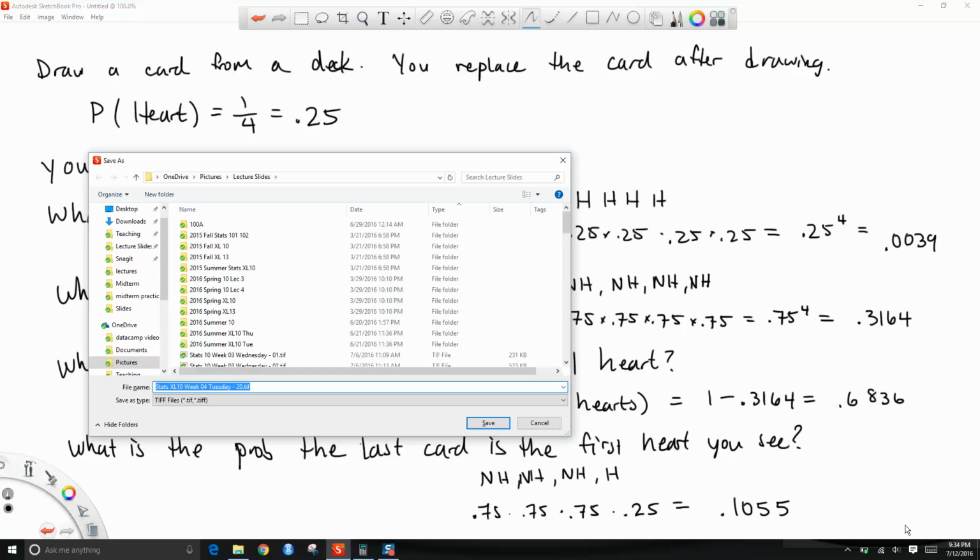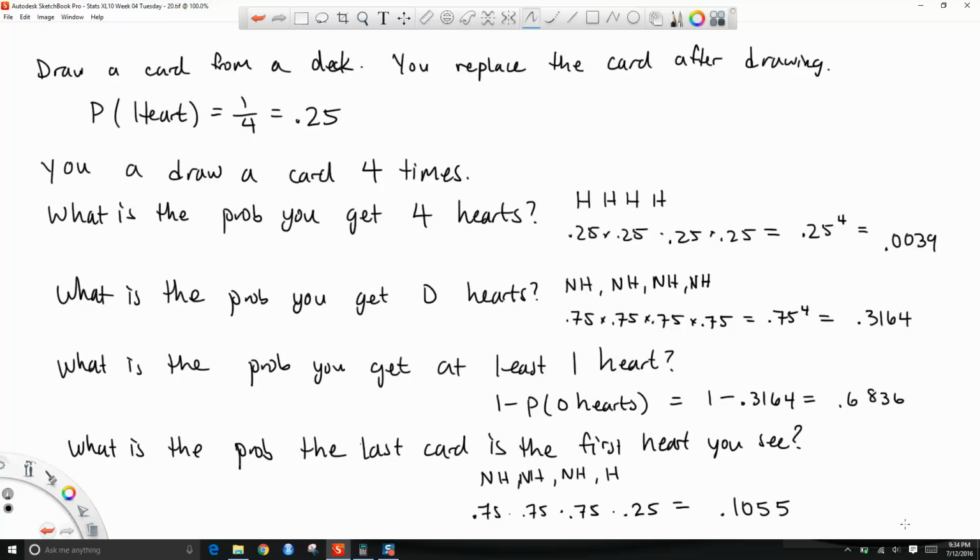Okay. So just a quick check of your understanding here before we finish up. I just want to make sure everyone's got this. What are mutually exclusive events? Mutually exclusive means what?